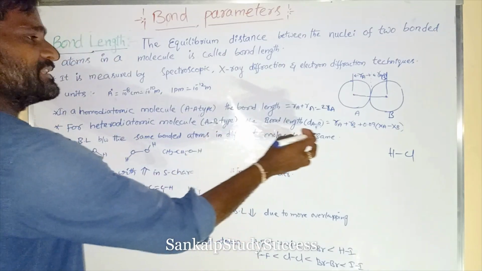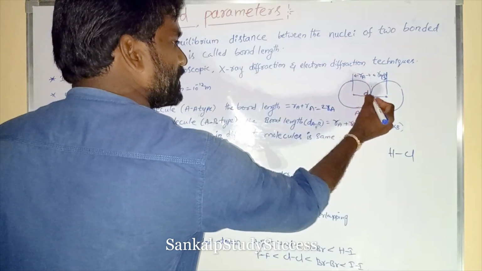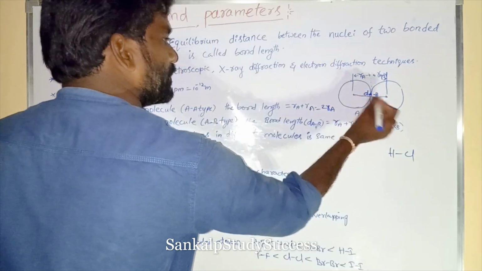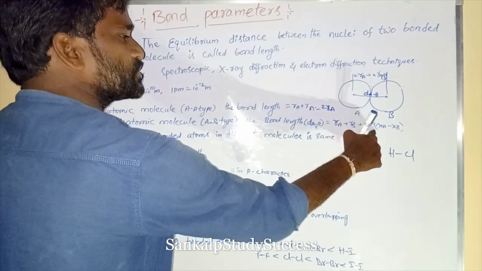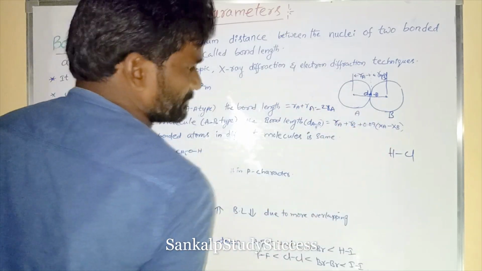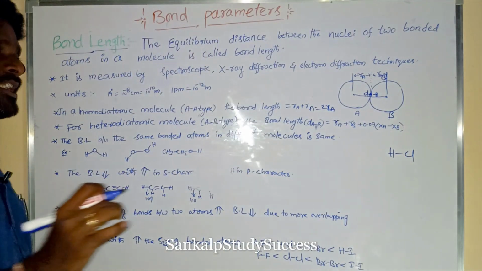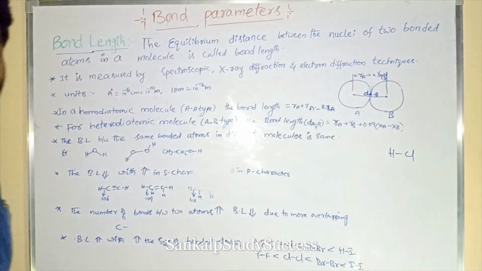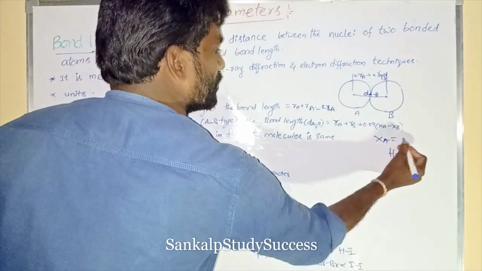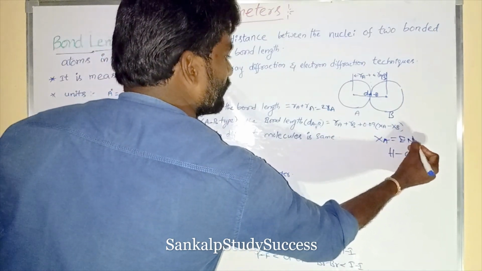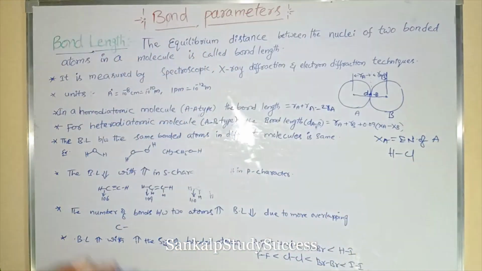So DAB, the distance between these two, is equal to RA plus RB plus 0.09 into XA minus XB, where XA and XB are the electronegativities of A and B respectively. XA is the electronegativity of A. Similarly, XB is the electronegativity of B.